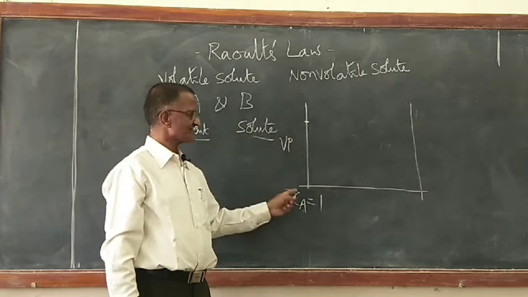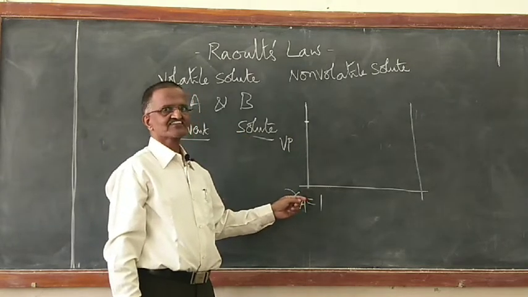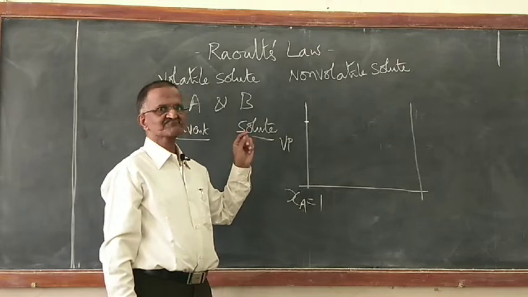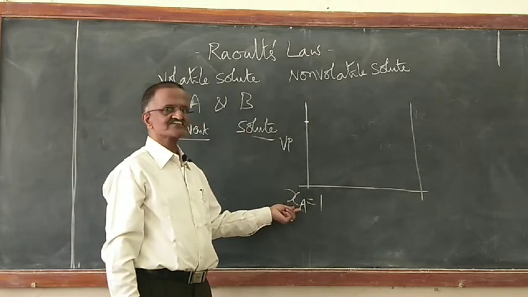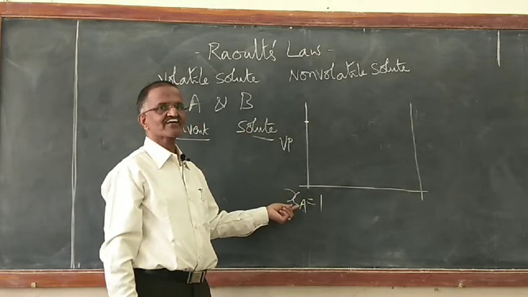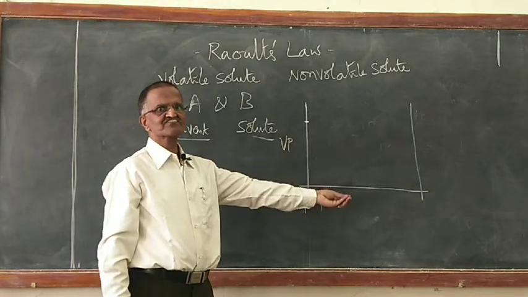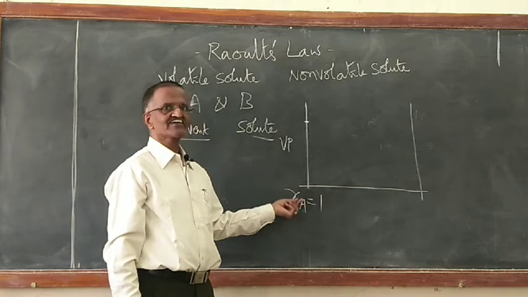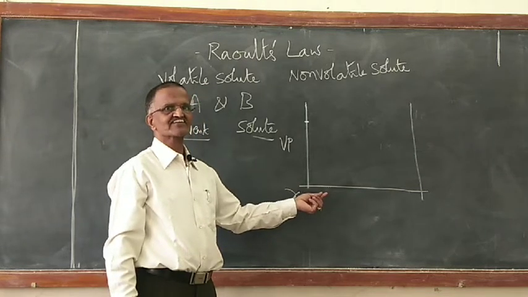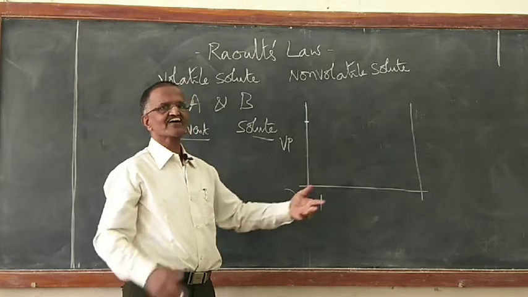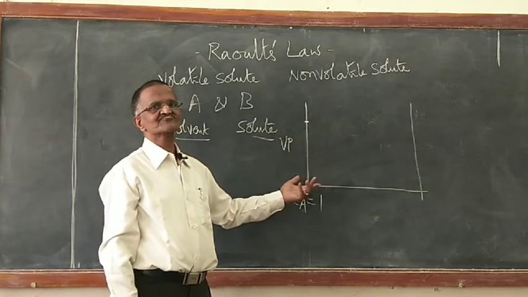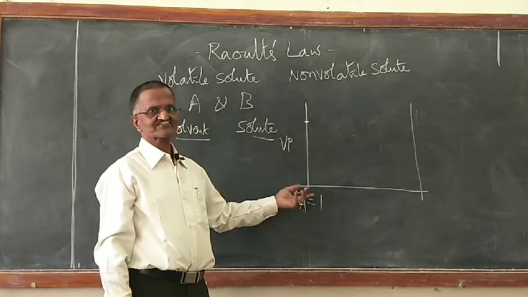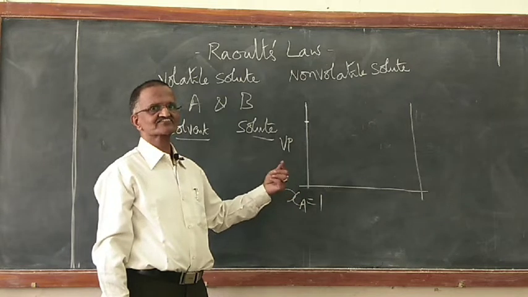So as I go on adding, at one point in time the amount of A is negligible, and I can say I have only B with me. There is no more A. That means the mole fraction of A goes to negligible.